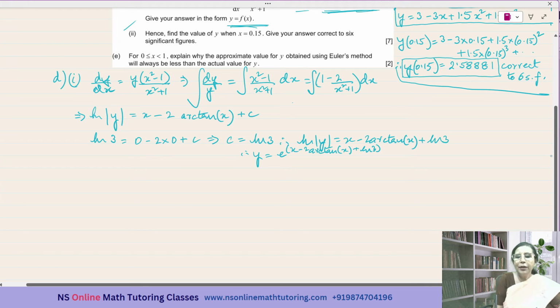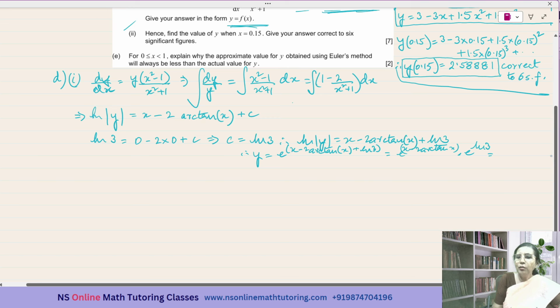Now you can separate this part if you want, and you can write this as e to the power of (x minus 2 arctan of x) times e to the power of ln of 3, and e to the power of ln of 3 will be equal to 3.